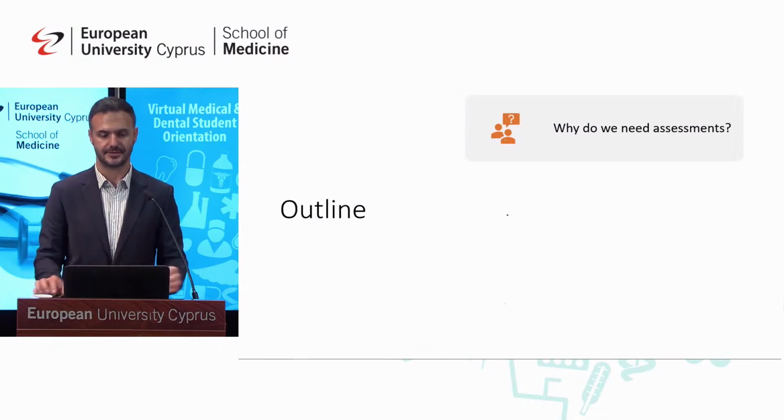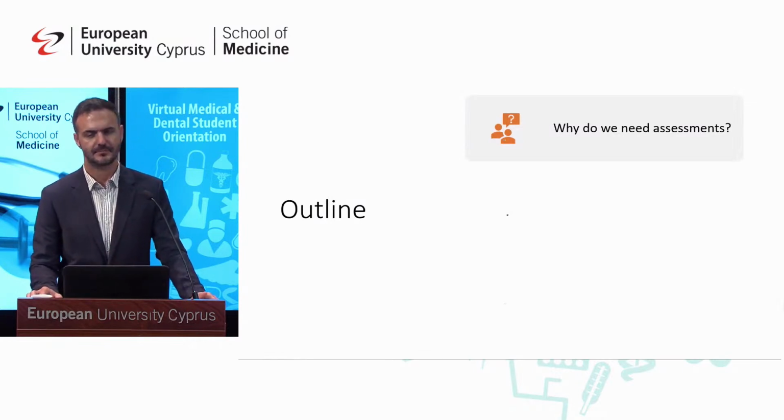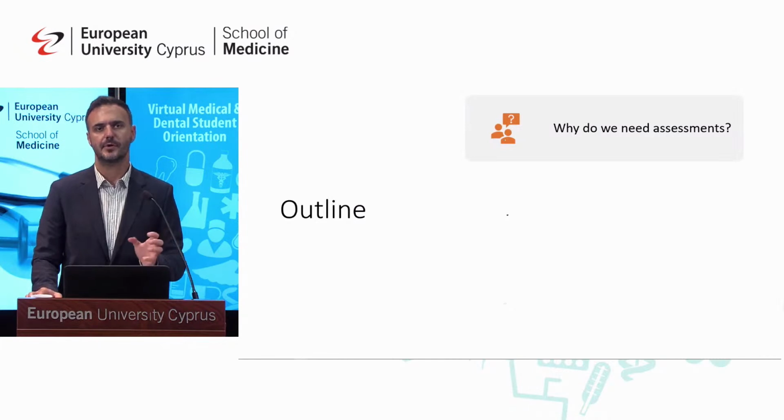So don't get discouraged. In the end, remember, you want to be active, you want to participate, you want to show that you're interested in what you do, and prepare continuously from the first day for this assessment.